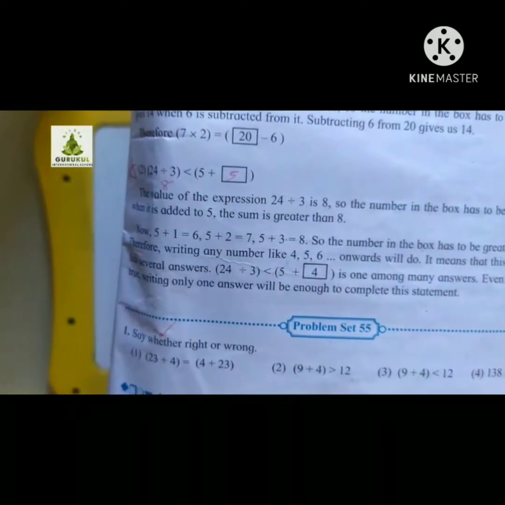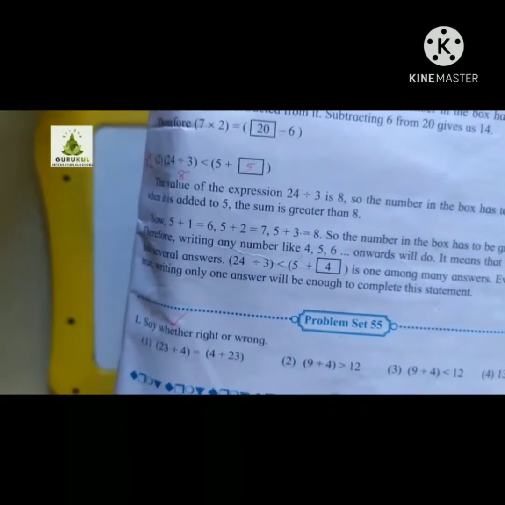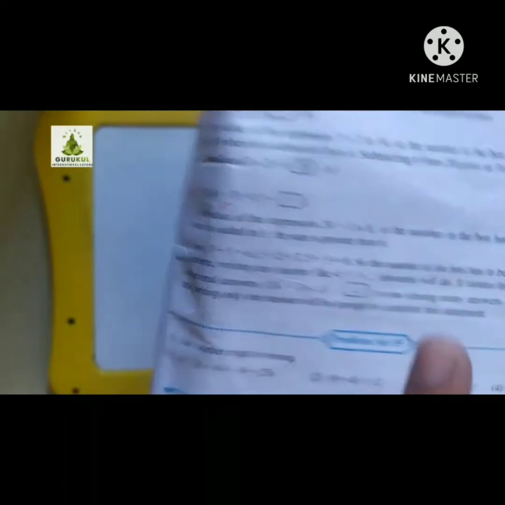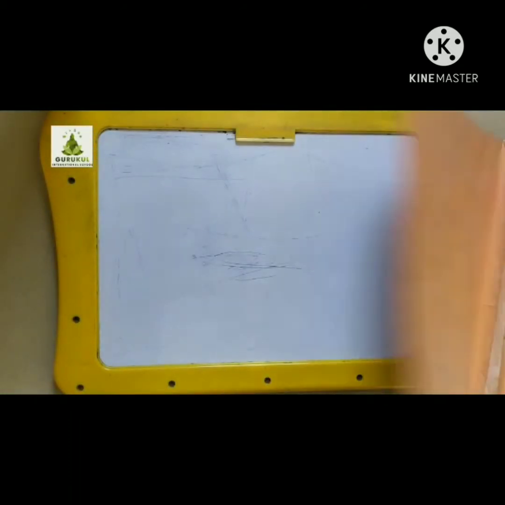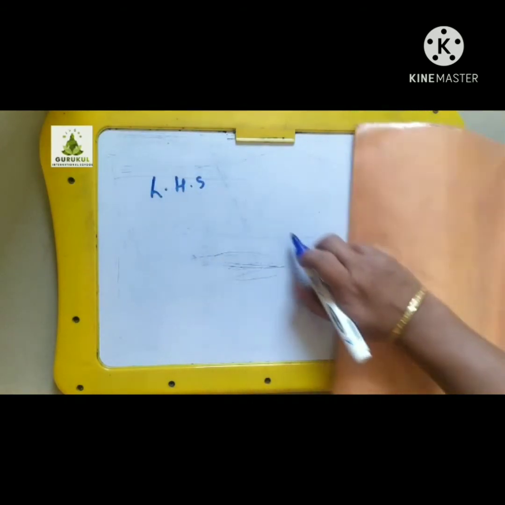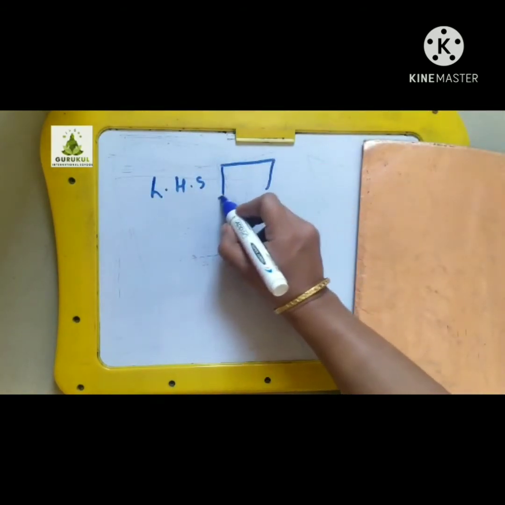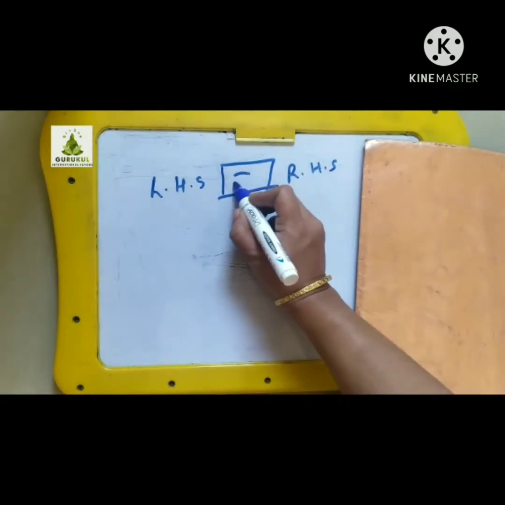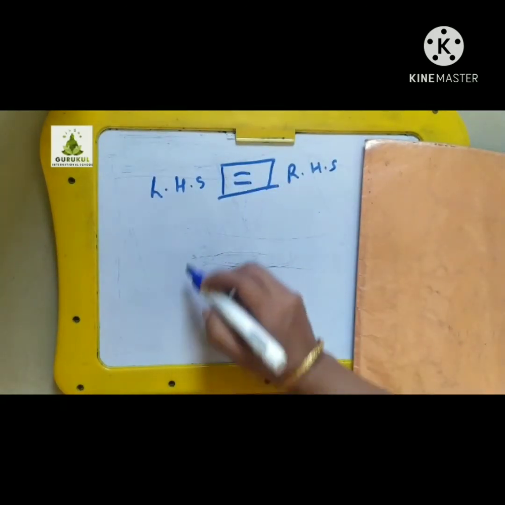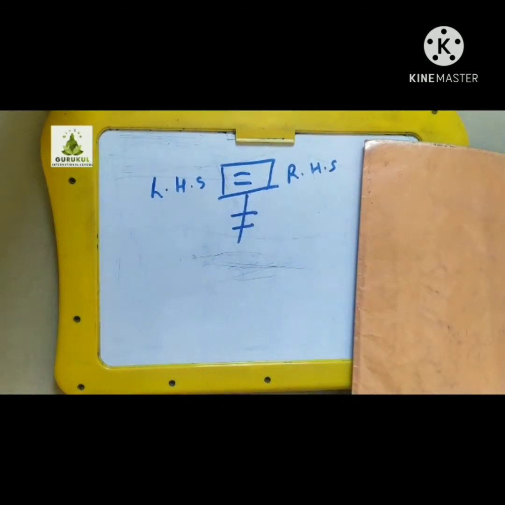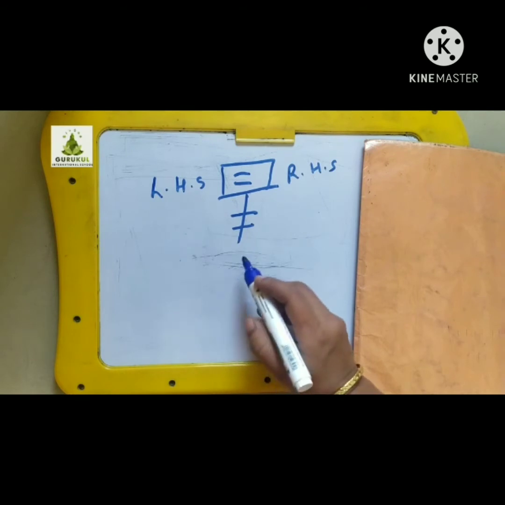We had discussed expression and equality. If both the sides, your left hand side and your right hand side, this is your left hand side, you have a box, and then you have the right hand side. If both are equal, you will say equal to. If they are different, you will say it is inequality, that is they are unequal.